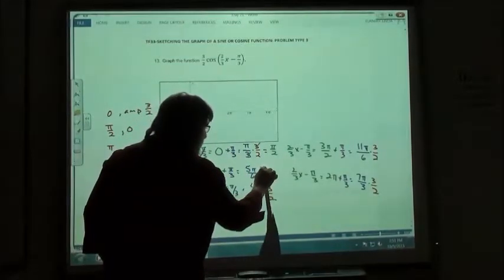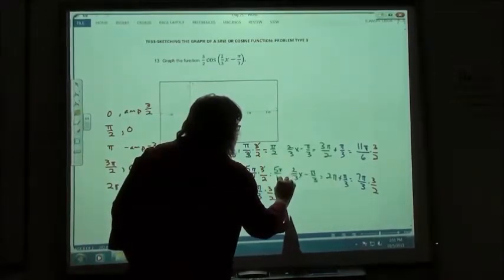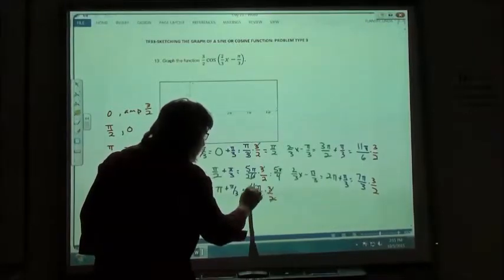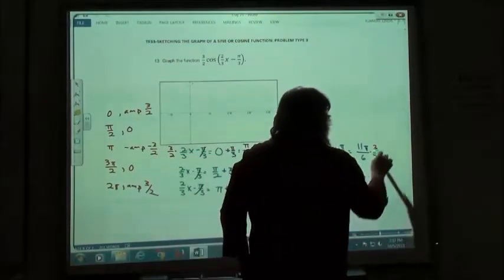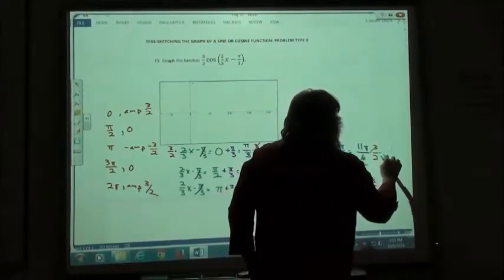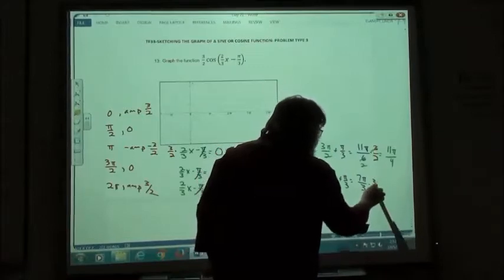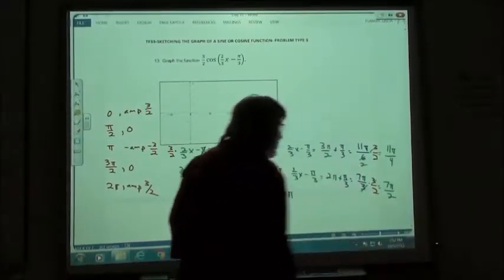This one, 3 goes into here 2 times, so I get 5 pi over 4. This one, the 3's cancel out. 2 goes into 4 2 times, so I get 2 pi. This one, 3 goes into here 2 times, so I get 11 pi over 4. And here the 3's cancel out, so I get 7 pi over 2.